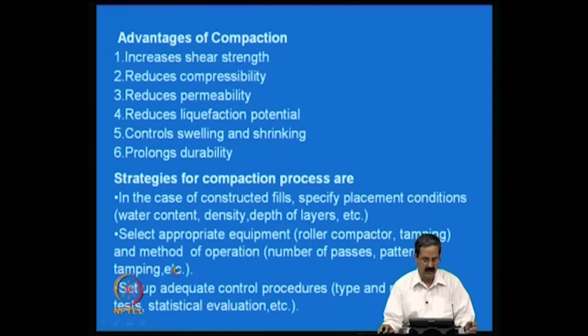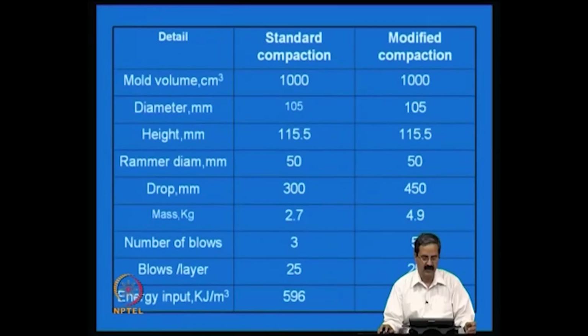Then you should also have adequate control procedures because the compaction is something that is very sensitive to errors, in the sense that the compaction curve, as you will see, is somewhat sensitive to many changes, and to obtain the compaction curve we have certain standard procedures wherein you take a standard mold and compact the sample.